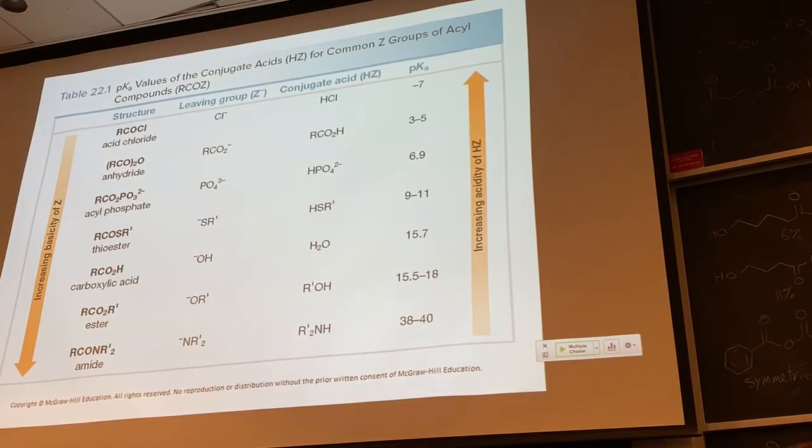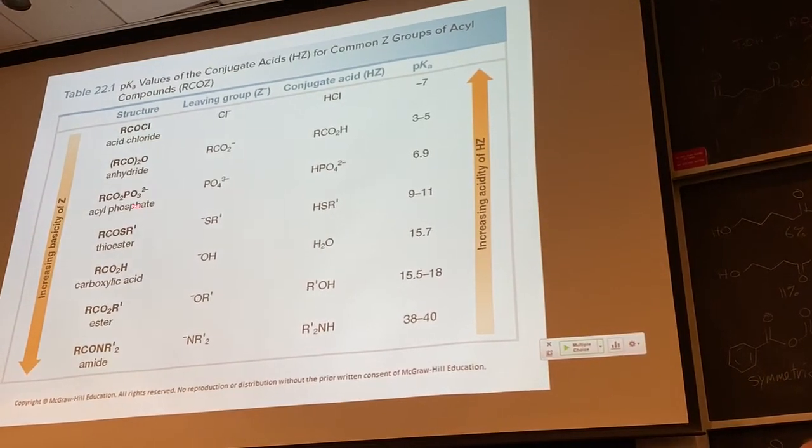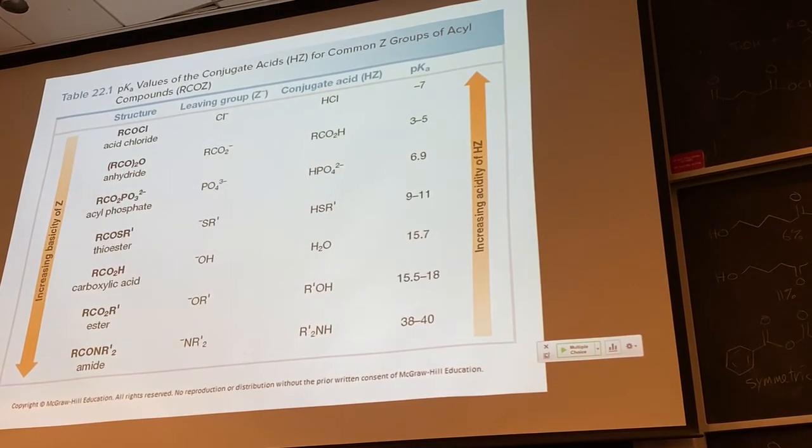So from this, we can see where the acyl phosphates and the thioesters fit in. We see the pKa's of their conjugate acids. And so we can see that they're going to fall in between the anhydrides and the esters in terms of their relative reactivity. Okay? Which is good because we don't want acid chlorides or anhydrides floating through our veins.